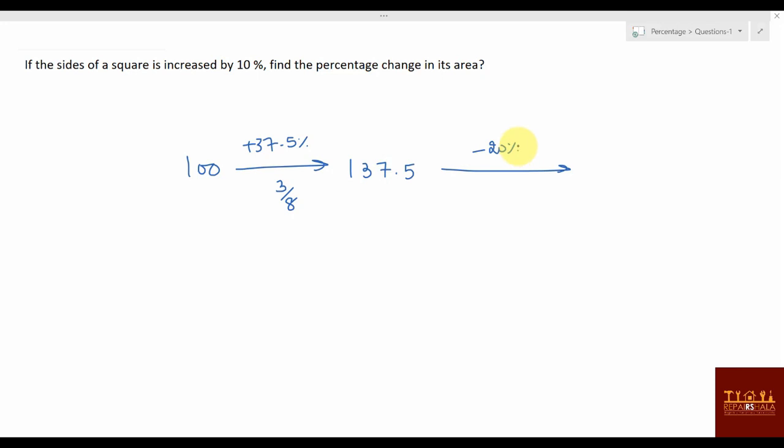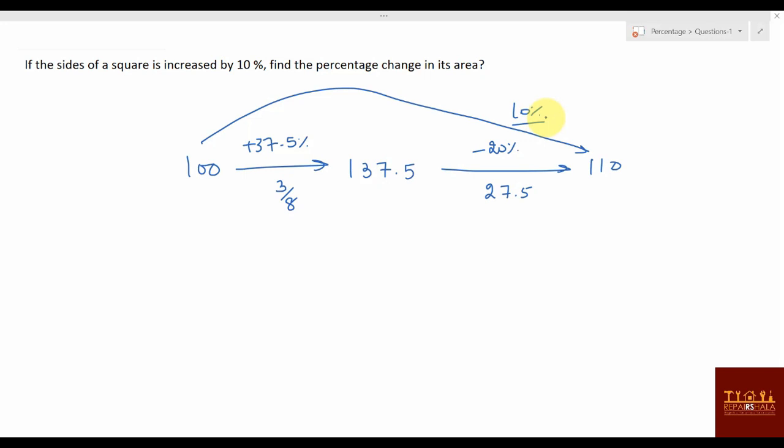Minus 20% means you will be subtracting 27.5. When you subtract 27.5, what will you get? 110. So 100 to 110, how much change is happening? 10%. And that is the increase. You can follow this method also, right? Clear, right? I hope it is clear.